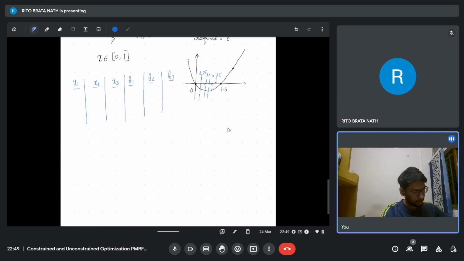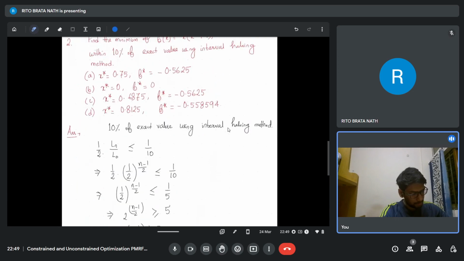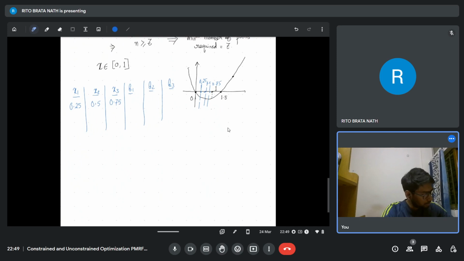So in the first iteration, you can take x1 as 0.25, 0.5 and 0.75. And you know your function expression is x times (x minus 1.5). So the values, if you calculate, you will get 0.3125 here, minus 0.5 here, and minus 0.5625 here.